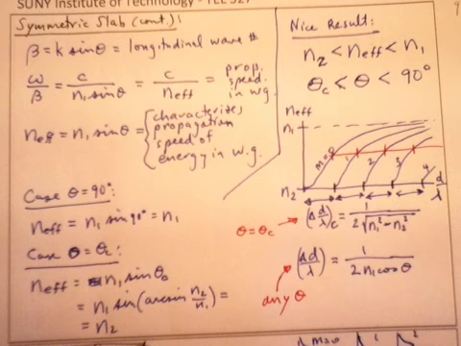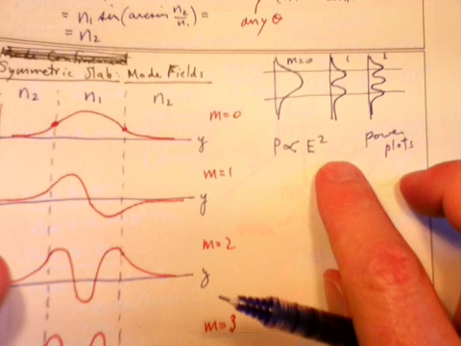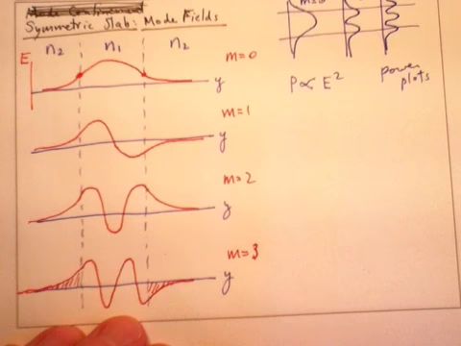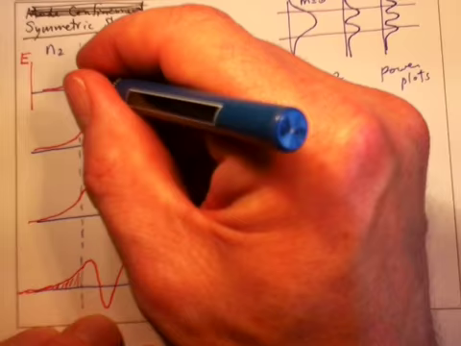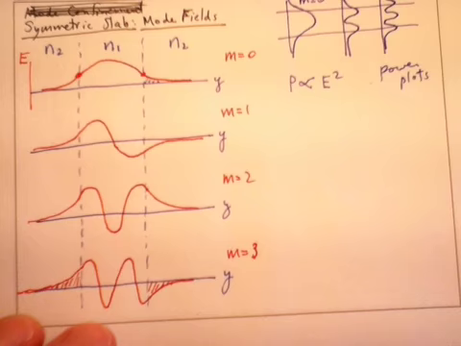And the smaller the effective index, the faster the mode. Okay, so these things have lower effective index, and so these have more of their energy out in the cladding, whereas this one has very little. The zeroth order mode has very little energy out in the cladding. Okay, so that's how these modes work.